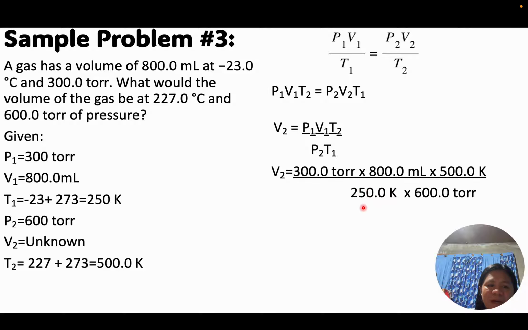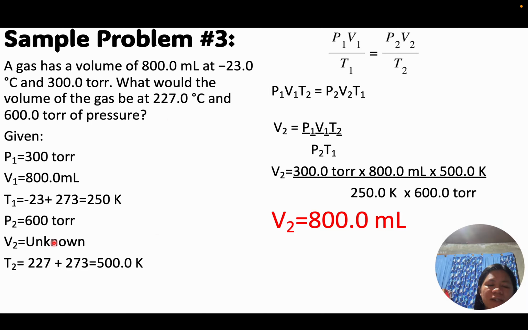Ang ating P2 naman is 600 Torr, and ang ating T1 naman is 250 Kelvin. So again, multiply muna natin yung numerator lahat, and then multiply natin yung denominator lahat, and then i-divide. So once ma-divide natin sila, V2 is equal to 800 ml. So ganun lang siya kadali. So I hope na gets nyo lang siya.